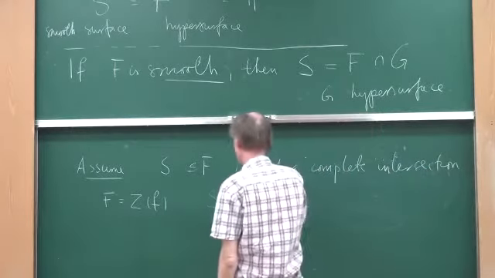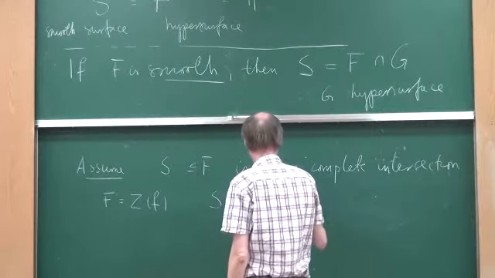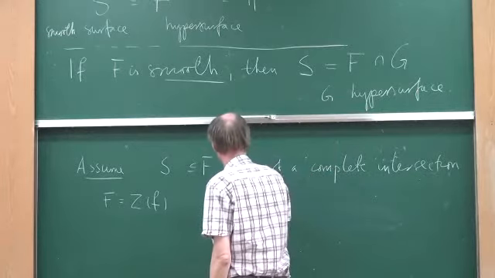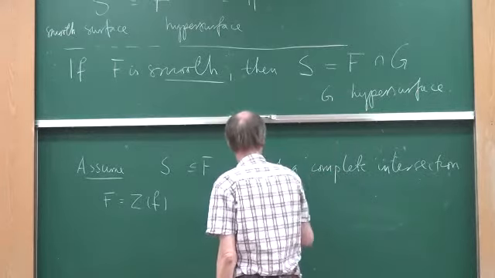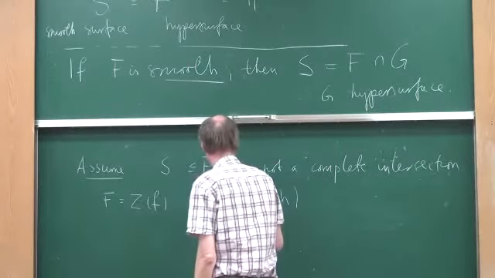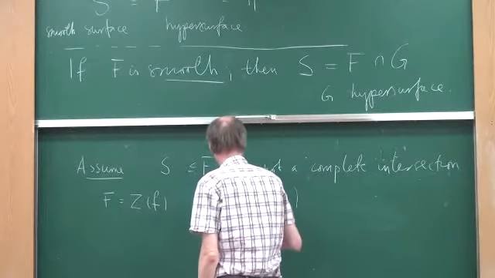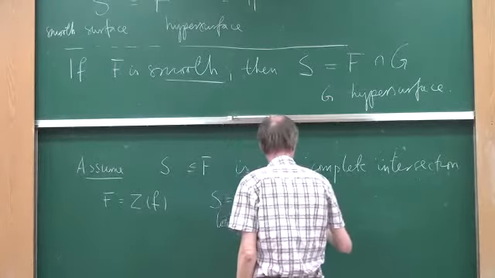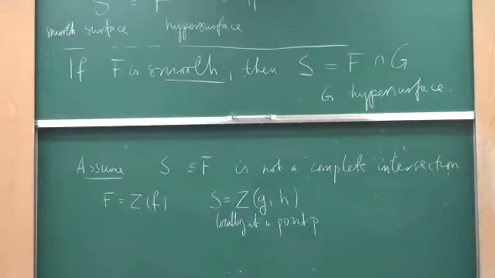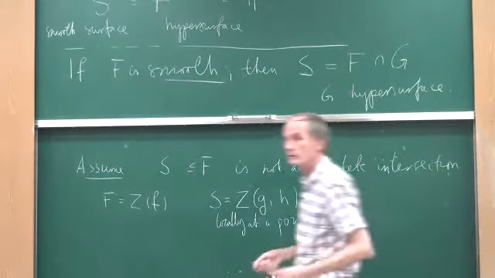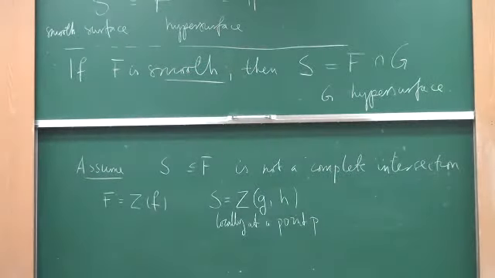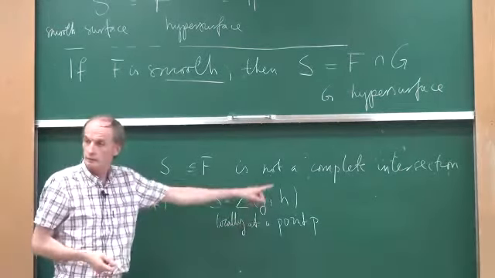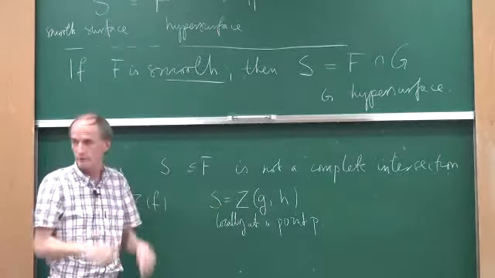So let me put it this way here, G and H, locally at the point P. So we picked some point on S and we found some hypersurfaces that generate the ideal locally there. I mean they cut out the thing.